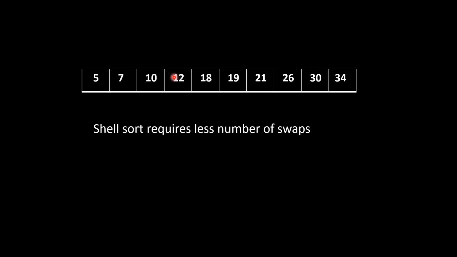After swapping, this is the array we get. In this last pass, shell sort works exactly as insertion sort, but the only difference is that it requires very few swaps. As the gap keeps decreasing, the array keeps getting sorted.